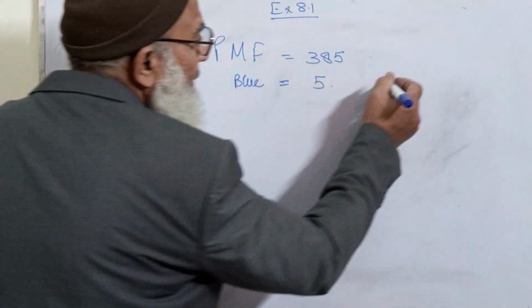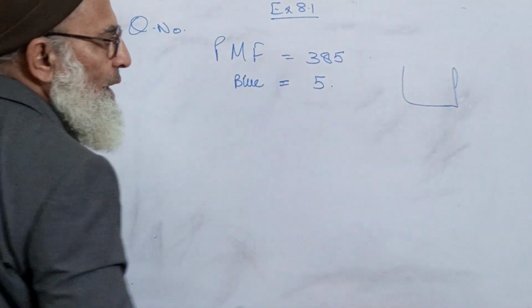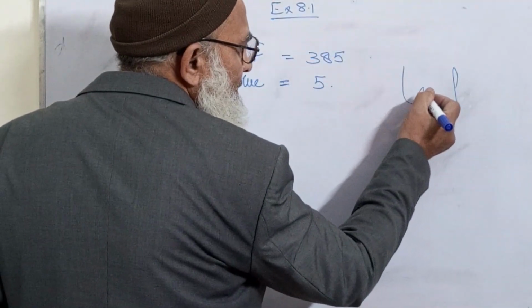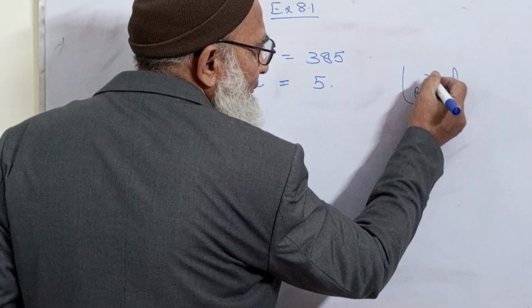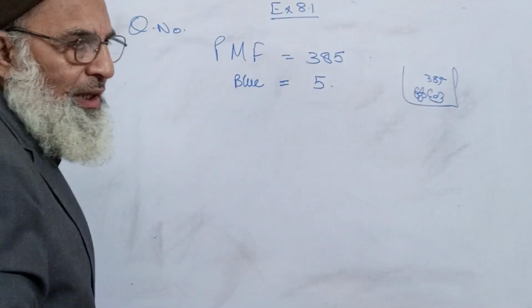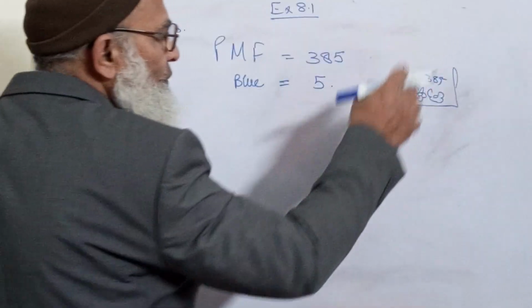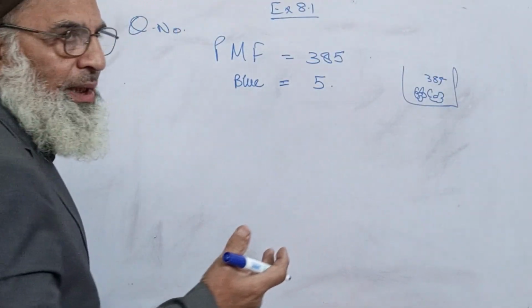So, when you pick a flower at random, now these are the flowers. Okay, you see these are 385 and are mixed well. If you want to pick one, what is the probability that it is blue in color?